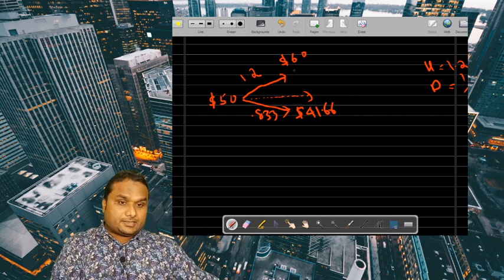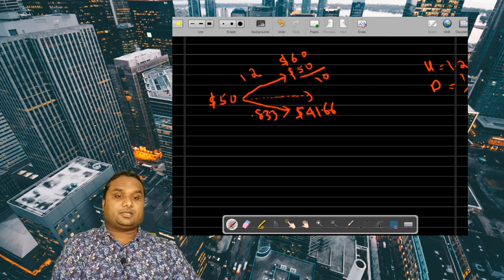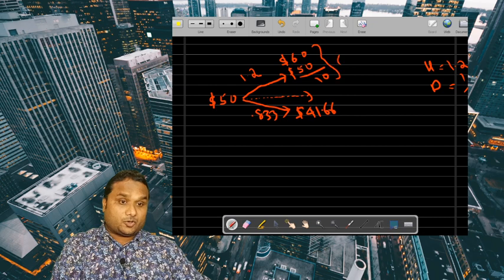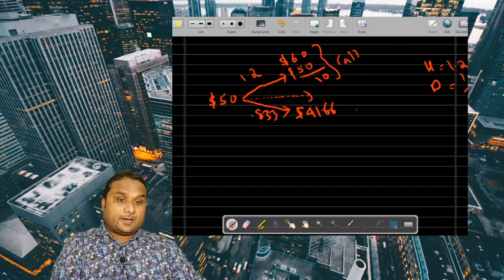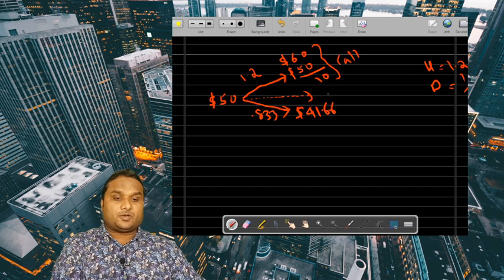Suppose he has a call option in his hand, he can still purchase it at $50. So his value is 10. This is related to the call option. This is the value of the call option after 1 year.